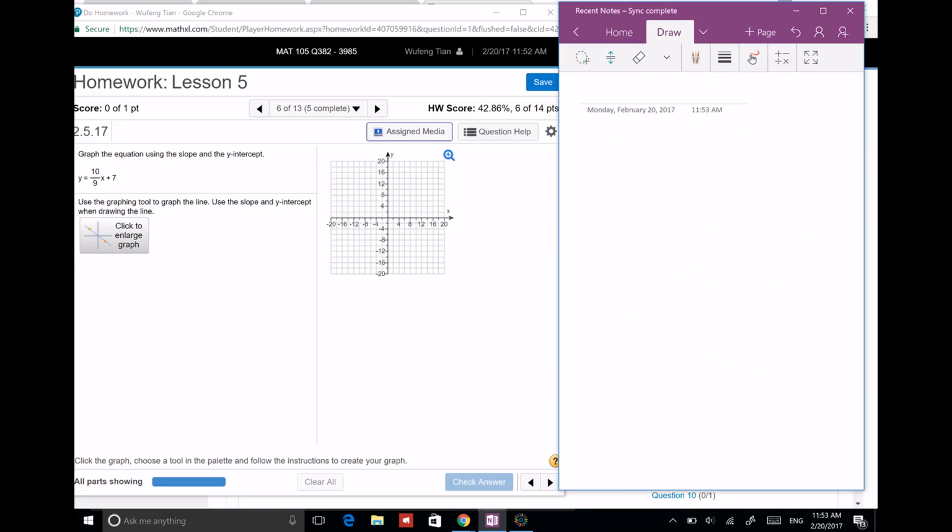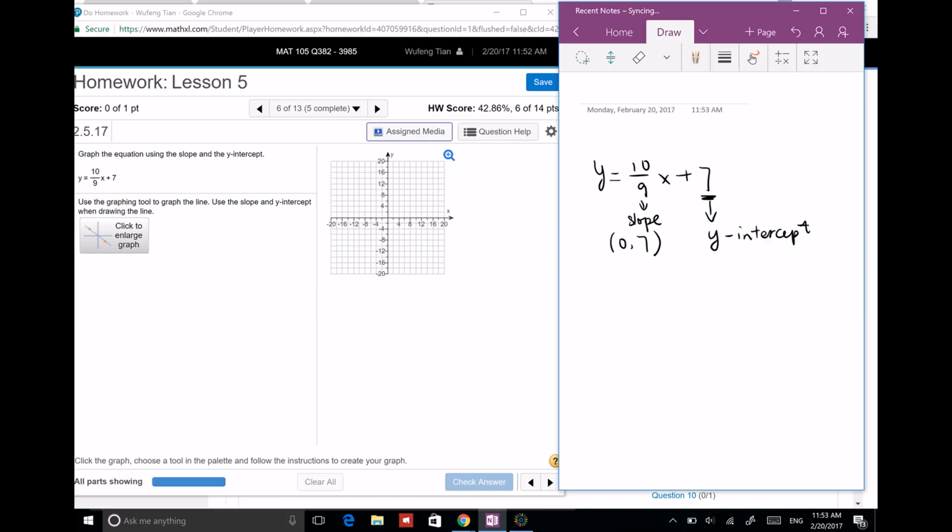Next question. y equals 10 over 9 x plus 7. So we can tell the y-intercept is 0, 7. This is the y-intercept. And what is the slope? This is the slope.